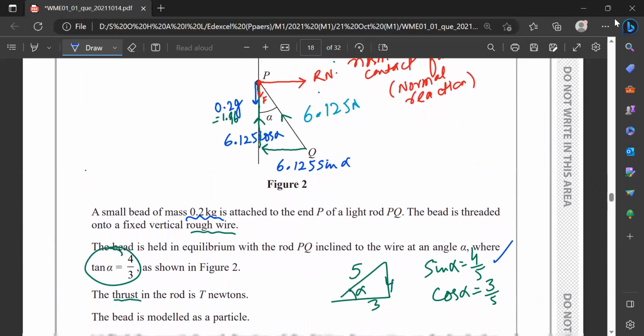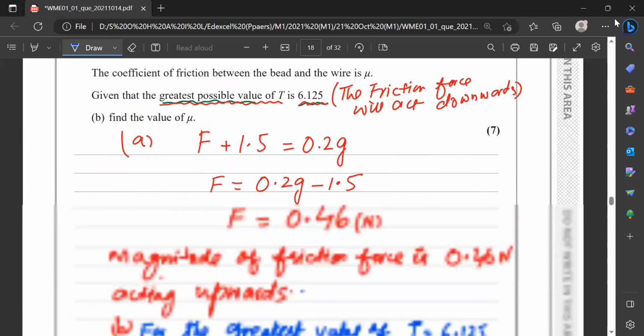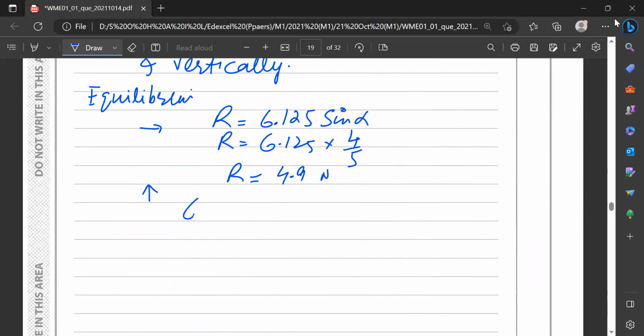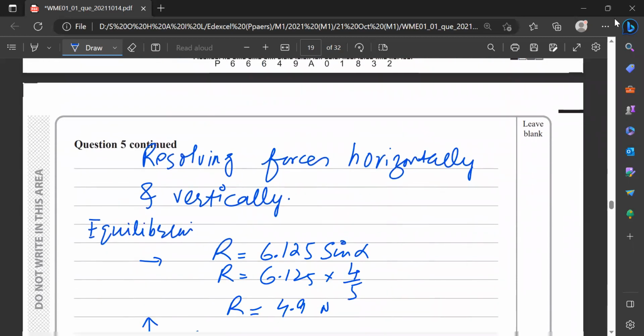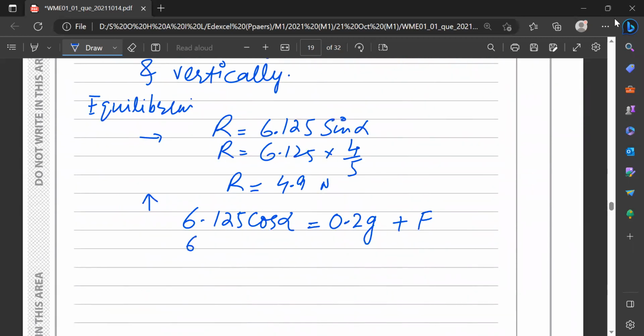So upward equals downward: 6.125 cos of alpha is equal to 0.2 g, which is the weight, plus F. Next, I can use the value of cos of alpha, which is 3 over 5, equal to 0.2 g plus F.